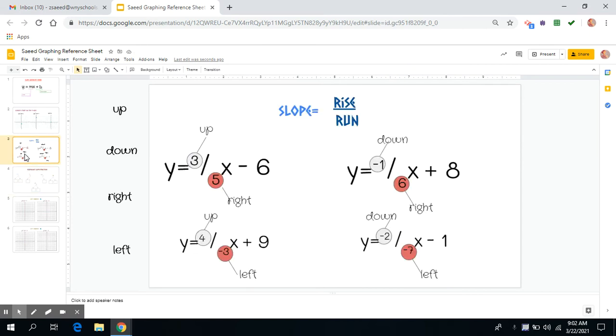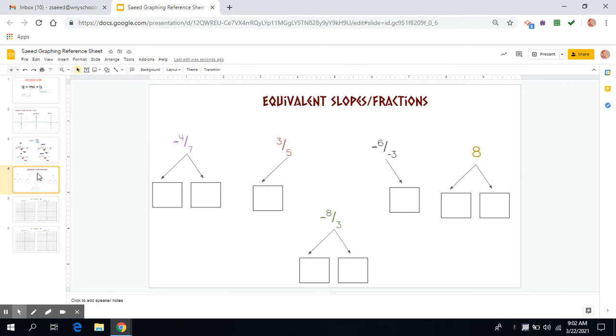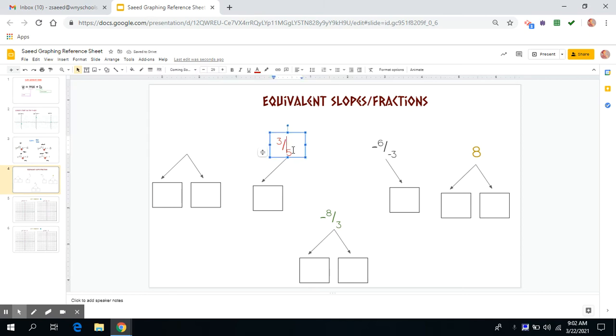Slide 4. Oh, wait, I hope you guys will need it. If you guys do, please pause where you need to pause, okay? Slide number 4, equivalent slopes and fractions. Looking at this page just reminded me that I don't want all of these here. So I'm going to take these out. This one I want.